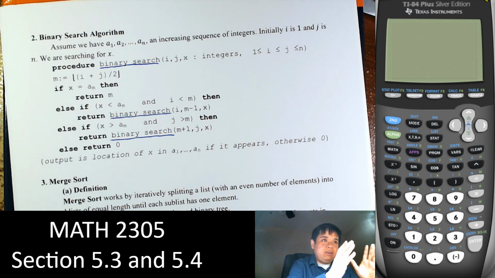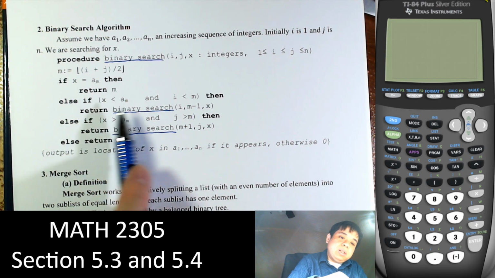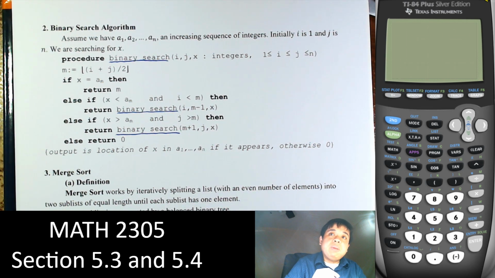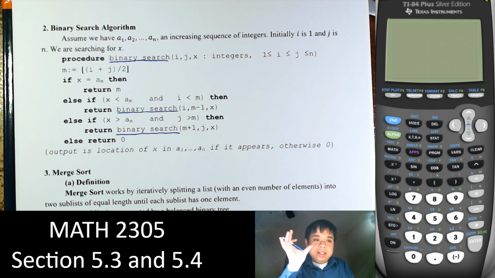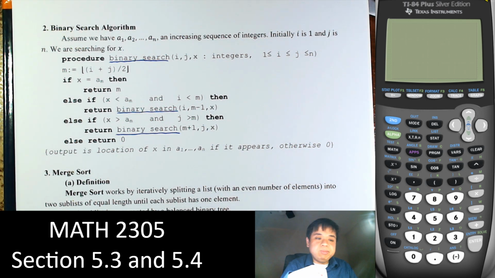We cut it in half, and then we do the binary search again for the upper half and the lower half. Whatever value it is, it just keeps searching. If it is in the upper half, good, it will find it. If not, it will go to the lower half and keep doing that. So that's called the binary search.